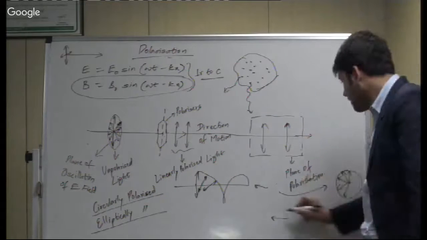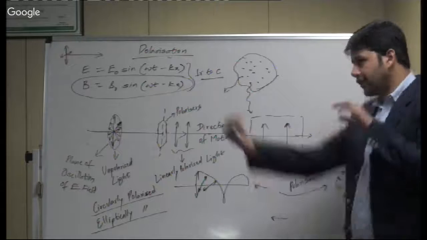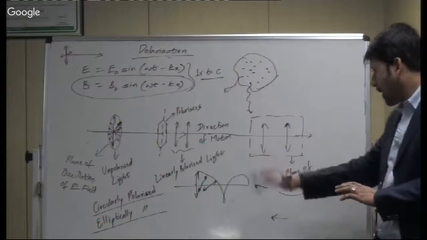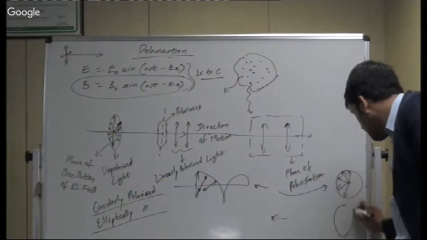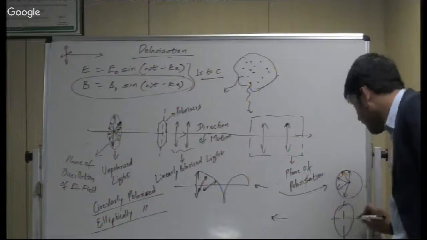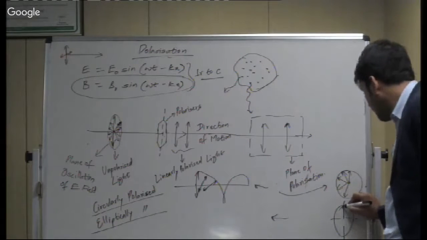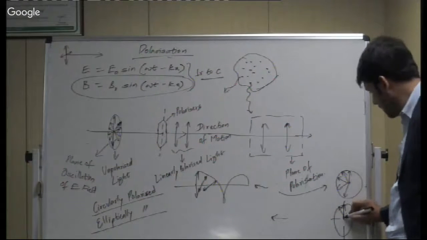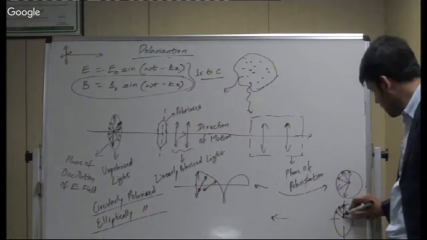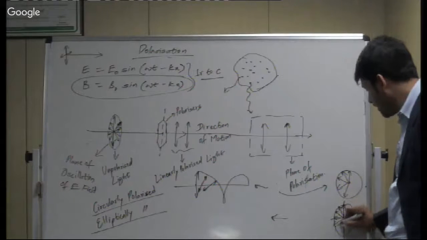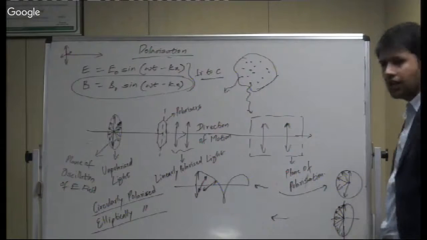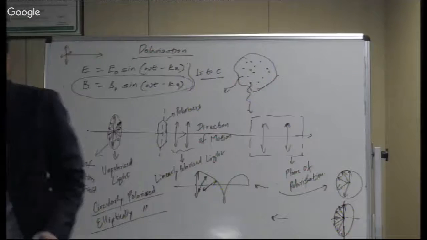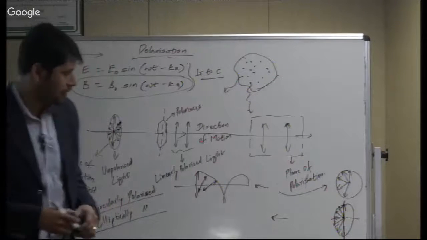If I see from in front of the direction of propagation, the pattern I would receive is an ellipse. The electric field starts with this, reduces in magnitude as well as tilts more, reaches a minimum magnitude, then increases again. Is it okay? These two are called circularly and elliptically polarized light.